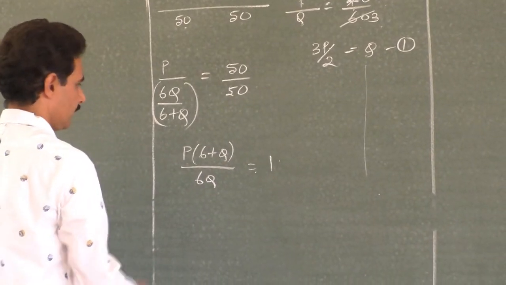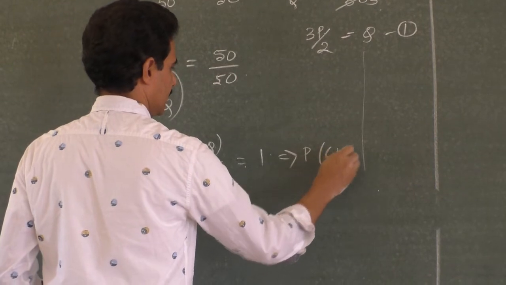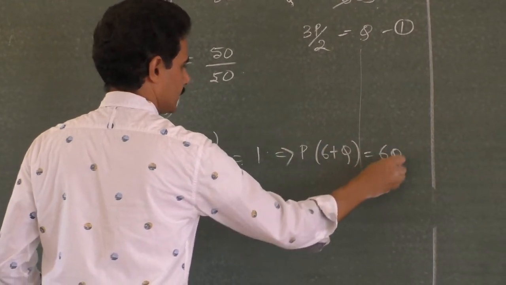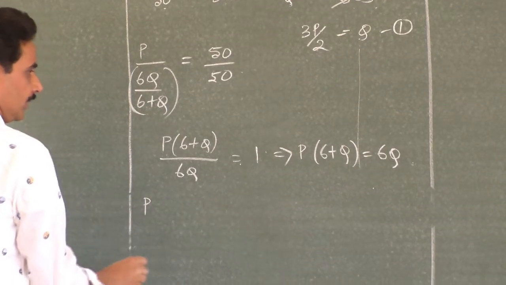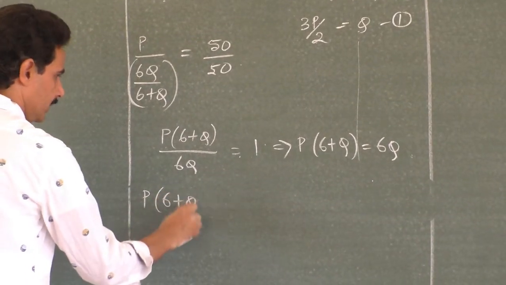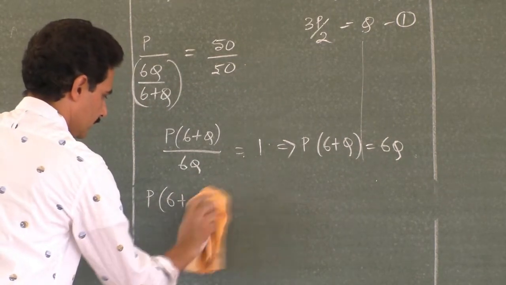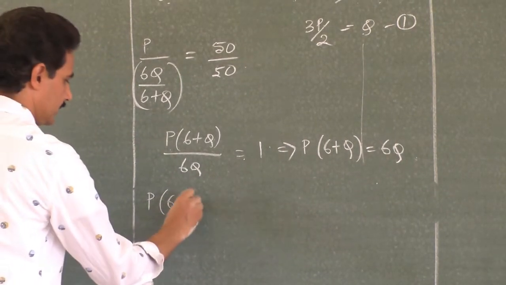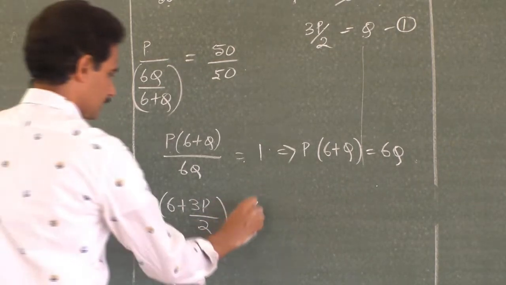Now let us substitute for Q and I will rearrange it. P into 6 plus Q is equal to 6Q. Substituting for Q, P into 6 plus 3P by 2 is equal to 6 into 3P by 2.